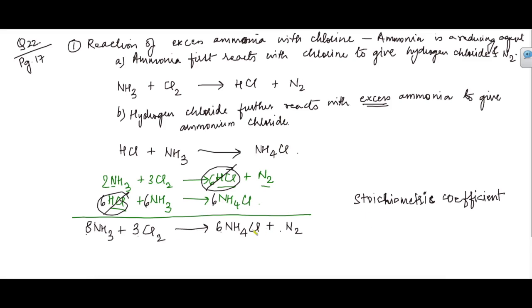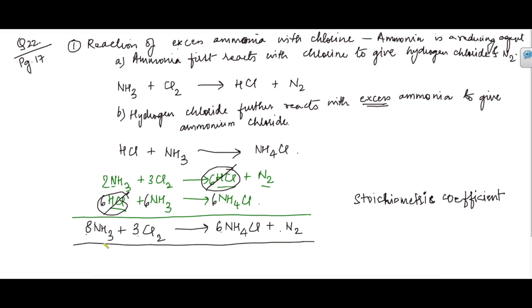These numbers are very unique, and they cannot be simplified any further. So this will be the final equation for the reaction of excess ammonia with chlorine.